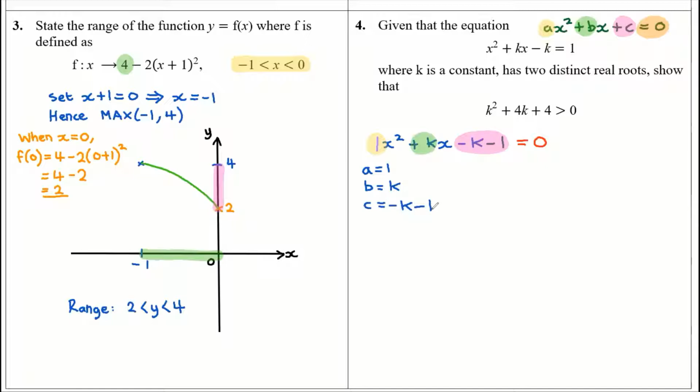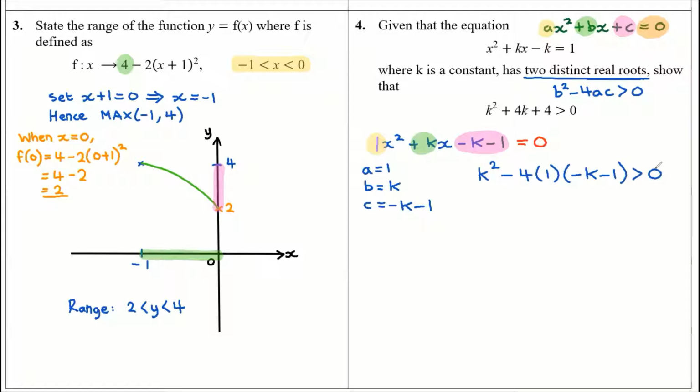Now, if this has two distinct real roots, we know that b squared subtract 4ac must be strictly positive to create those two real roots. So let's do that. So we're going to have k squared, so that's b squared, minus 4 lots of a, which is 1, multiplied by c, which is minus k minus 1, is strictly positive.